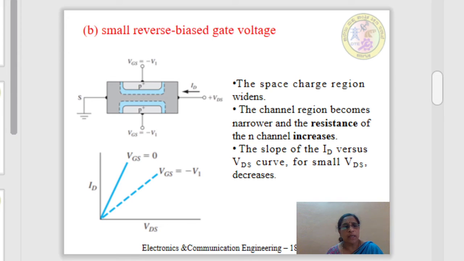Here you can see the ID VDS characteristics shown in dotted lines. The first curve is for VGS equal to 0, and the second curve is for VGS equal to minus 1 volts. In the second graph we can see that the slope is decreased as reverse bias is increased, so the rate at which drain current used to increase is now limited.